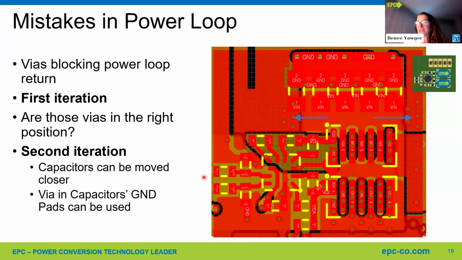Why is it recommended to have a turn on and turn off resistor? Yeah, we recommend for most of the applications a gate driver with split outputs. So one output with pull up to turn on the FET, and one output with pull down to turn off the FET. And in this case, you can optimize the turn on resistor differently from the turn off resistor.